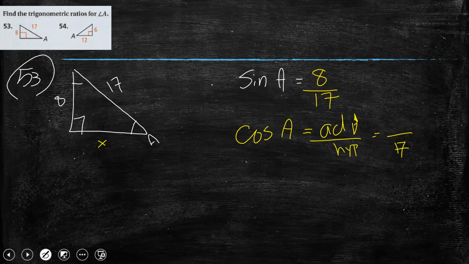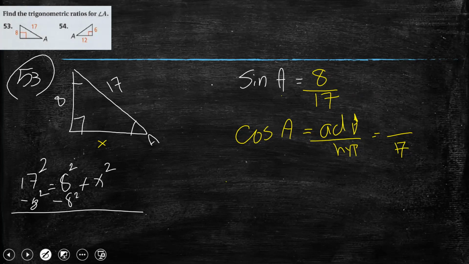I told you if you have two sides known and you need to find the third one, you have to use the Pythagorean theorem. So 17 squared is 8 squared plus x squared. So 17 squared minus 8 squared is 225, which equals x squared.